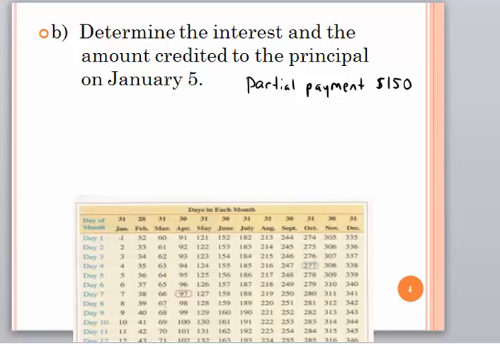So let's go to our table and determine what day of the year January 5th is. Looking at the month of January and day 5, and we could probably do this without the table, we see that January 5th corresponds to the 5th day of the year.